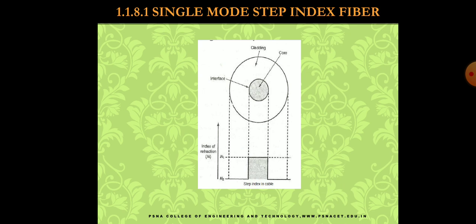Step index means a sharp step in the index of refraction between the core and cladding interface. This indicates that in step index, core and cladding have their own constant indices of refraction, capital N1 and capital N2 respectively. The step index cable cross-section is depicted in this figure.